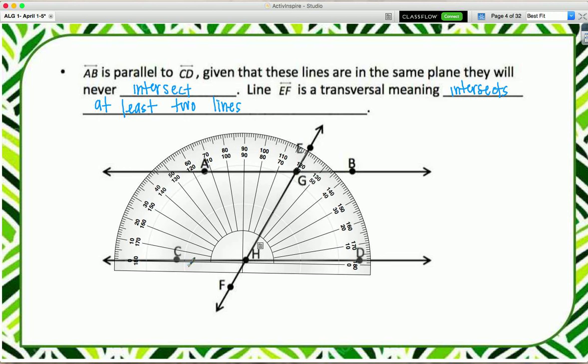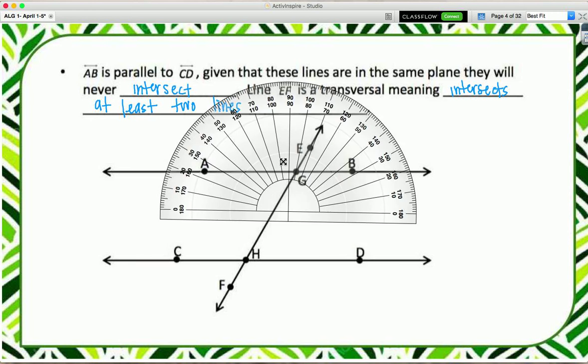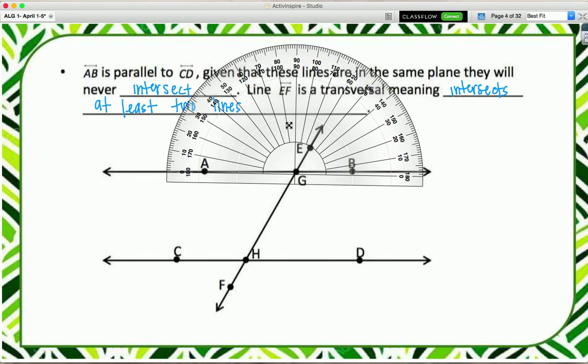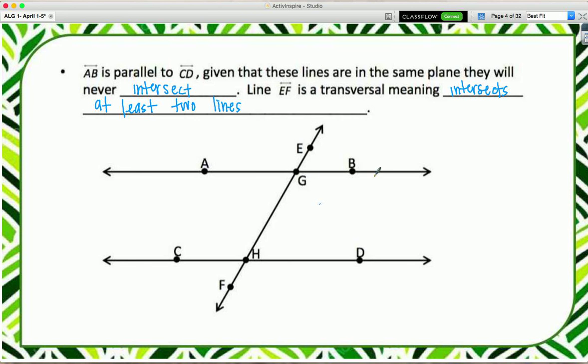Well, based upon what we know about lines, what's the measurement of a straight line? 180. So if this one's 120, what do you think this one should be? 60. So this same one up here is also 120, so this one is also 60. So it's looking like all of these angles are either 120 or 60.